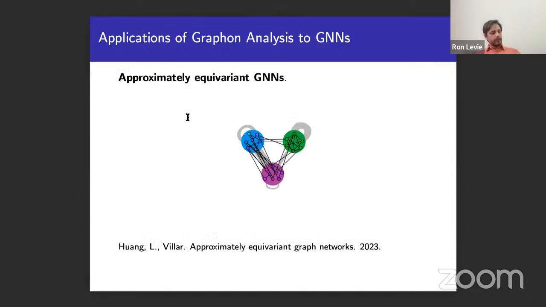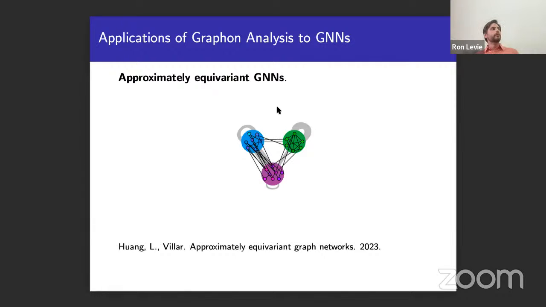Okay, so what we discussed until now are theoretical applications of the regularity lemma and the Lipschitz continuity of message passing networks. But we also developed practical applications, so designs of new neural networks. So let me discuss very shortly a paper called Approximately Equivariant Graph Networks.